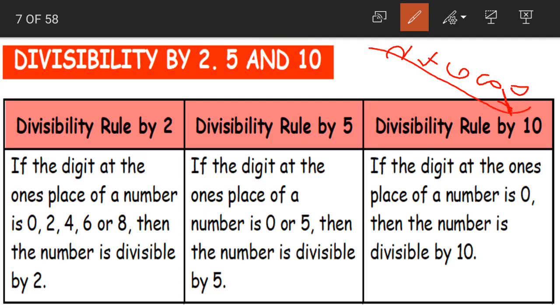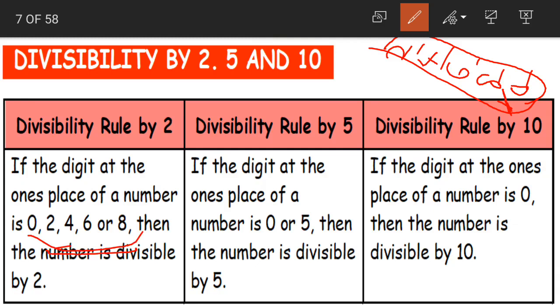Removing this one here, these 5 numbers 2, 4, 6, 8, 0 are the numbers that should appear at the ones place for the number to be divisible by 2.